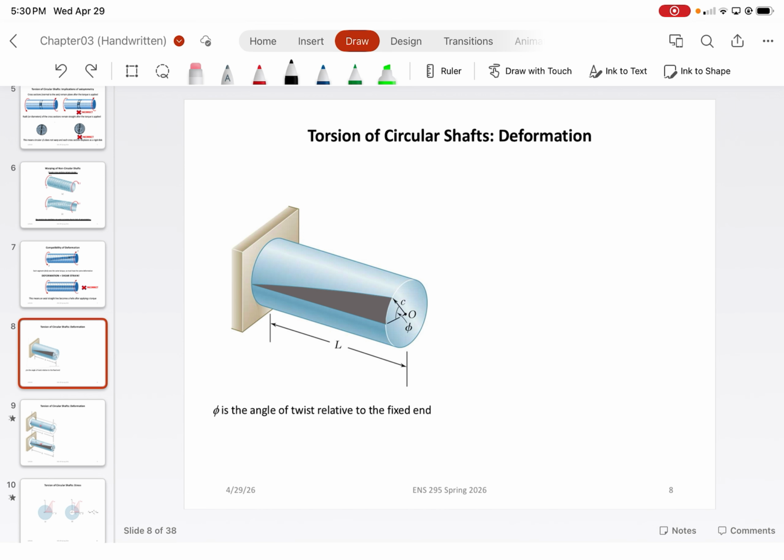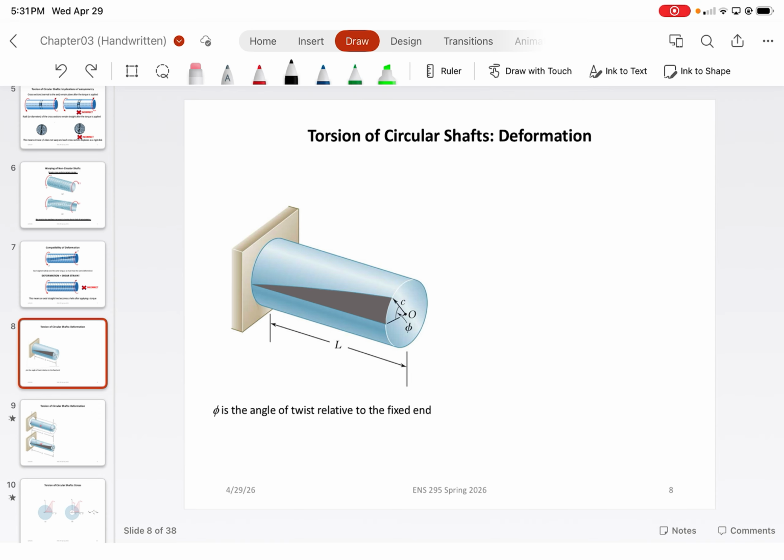All right, so our angle of twist is what we call that rotation, which is basically just a geometric parameter. We can approximate this as just a triangle because we're assuming small angle approximations.